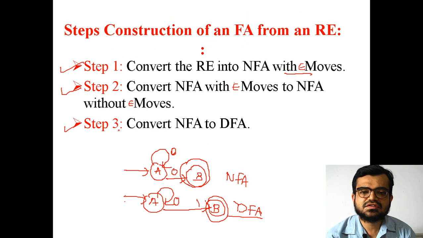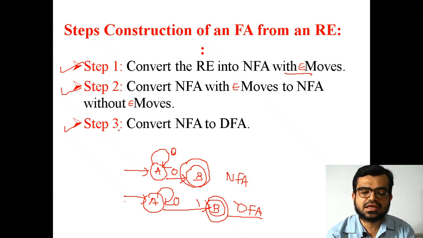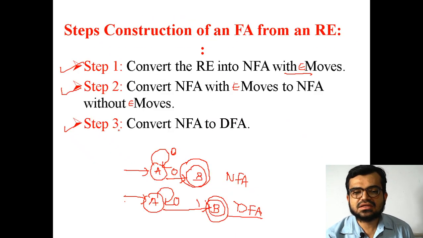What is that first procedure? We have converted the regular expression into an NFA with epsilon moves. Now we need to convert the NFA with epsilon moves to an NFA without epsilon moves. The process of converting the NFA with epsilon moves to an NFA without epsilon moves is through epsilon closure.